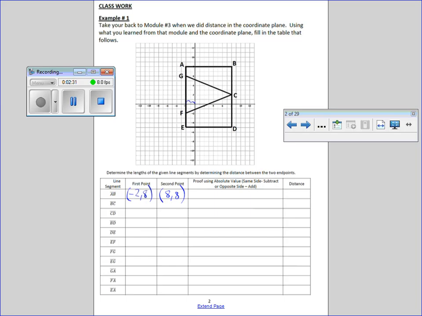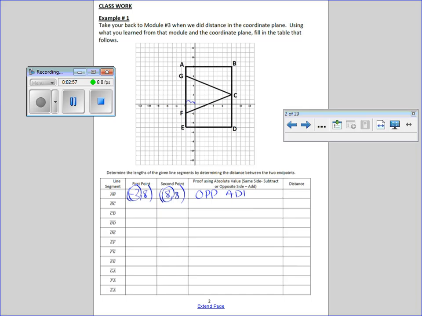I'm going to have you circle it so you can see it. We have a -2 and we have an 8. Now, if you recall back in Module 3, are the signs the same or are they opposite? So you're going to put here opposite, or OPP. And opposite means to always do what with their absolute value? Add.